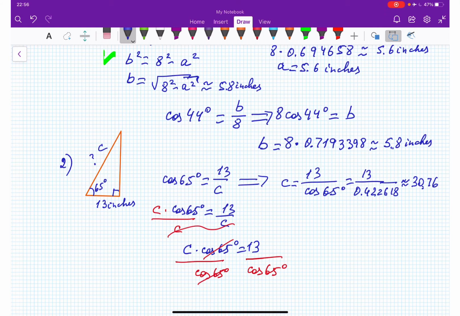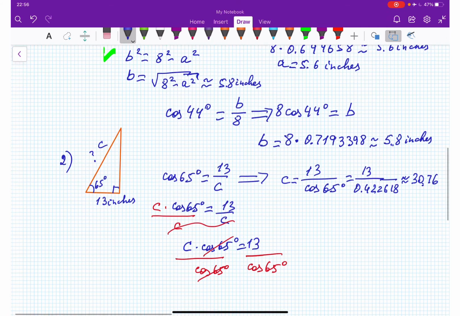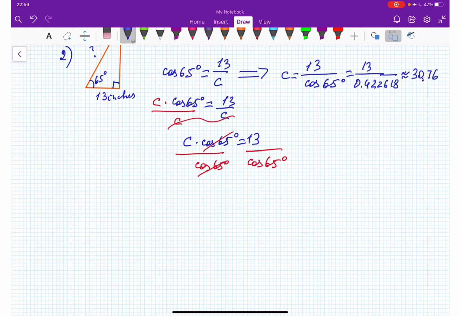Oh, okay, this is more interesting. Question number 3. We have, again, a triangle with a right angle.